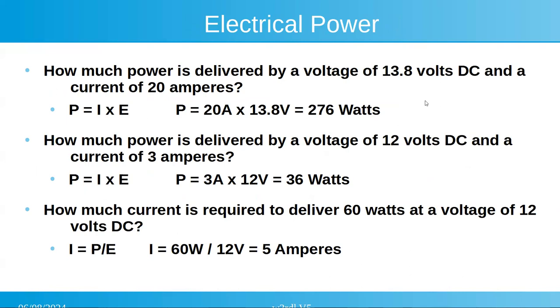So, how much power is delivered by a voltage of 13.8 volts and a current of 20 amperes? 13.8, okay. Now, I did this one because this is typical of a 100-watt amateur transmitter.